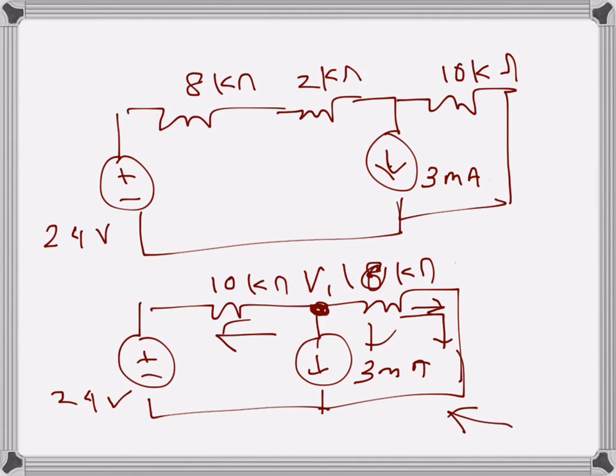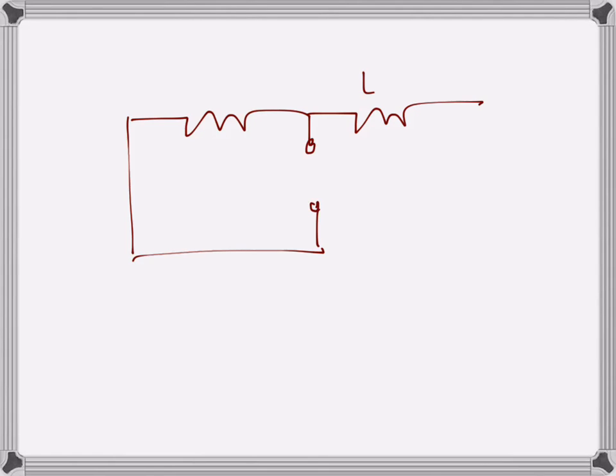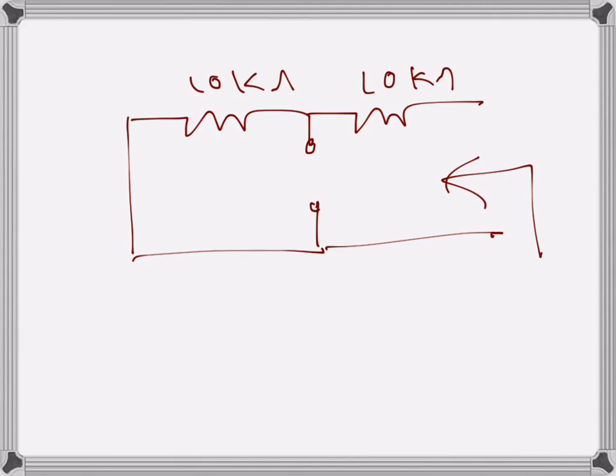When I remove this part, I will see what is the value of the resistance as seen from here with all the sources made inactive. For this circuit it will become like this: voltage source short circuited and current source open circuited. So 10 kilo ohms there, 10 kilo ohms there, and this is the resistance I am seeing. So R Norton will be 20 kilo ohms.